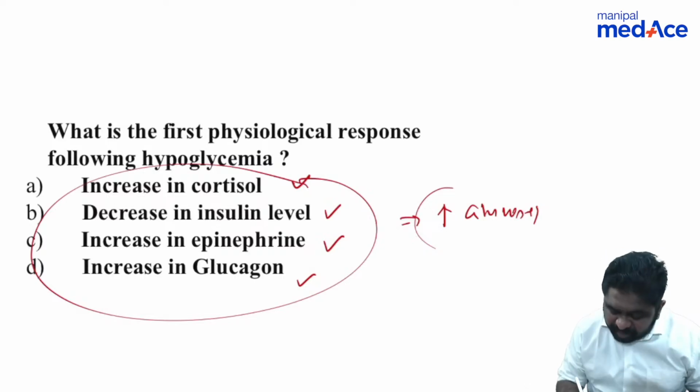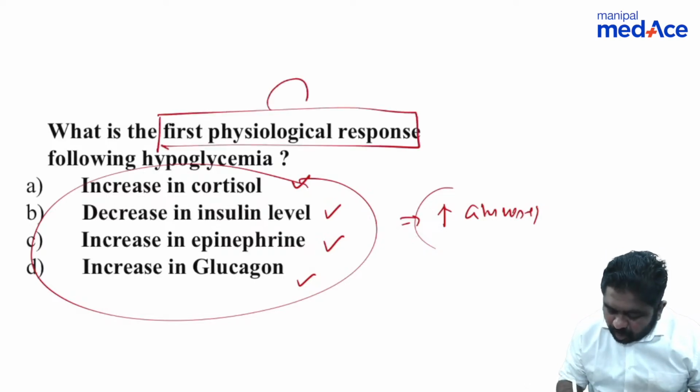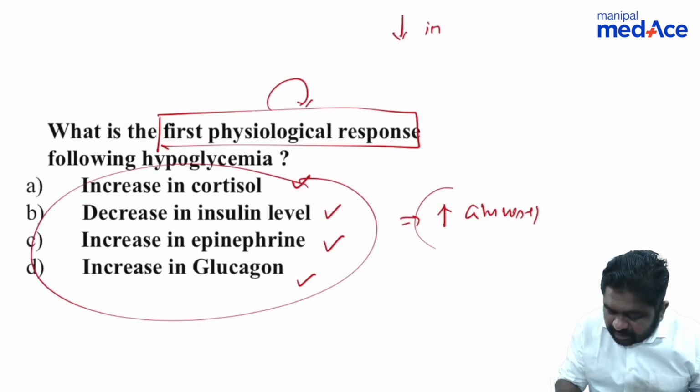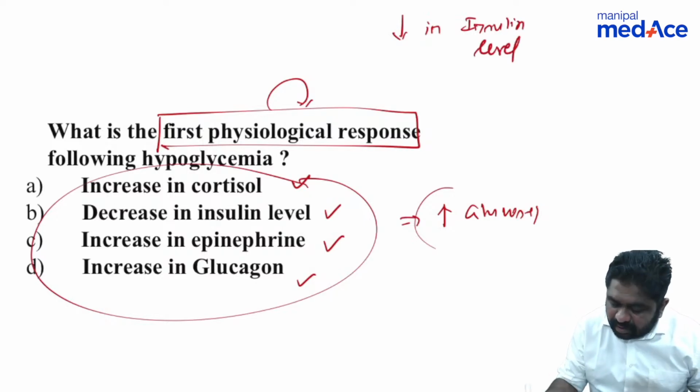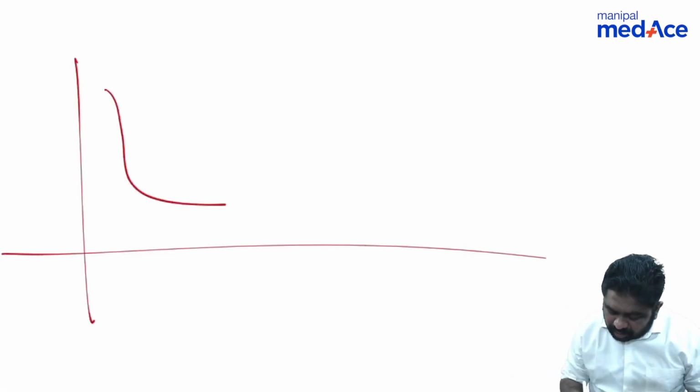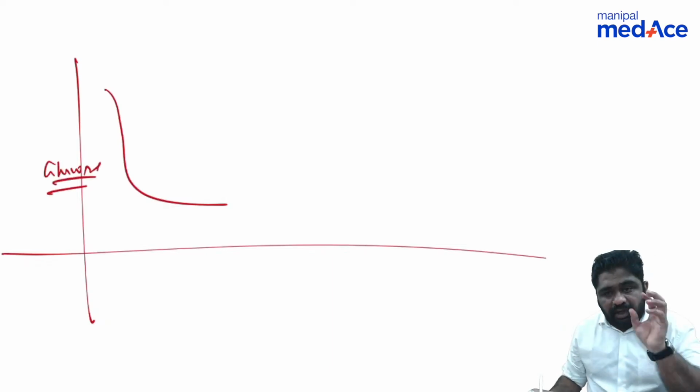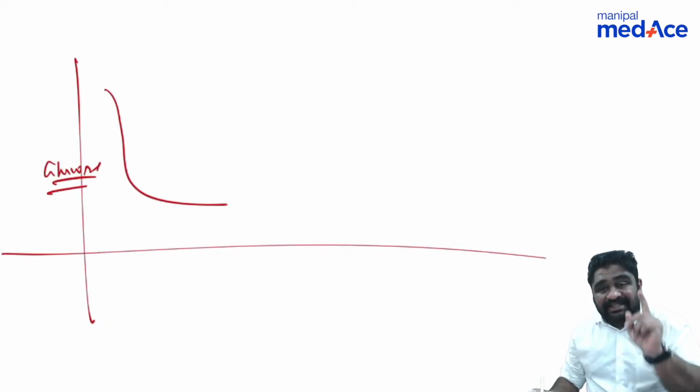Now here, remember, the first physiological response whenever there is hypoglycemia is decrease in insulin level. Now let me write this as a flow chart here. Imagine the glucose levels are falling. Glucose is the sensor and the stimulus for insulin release.